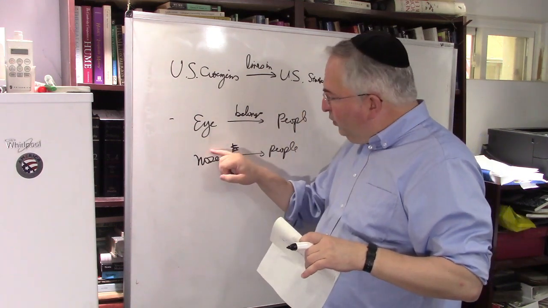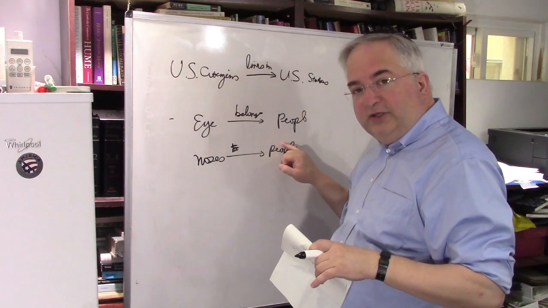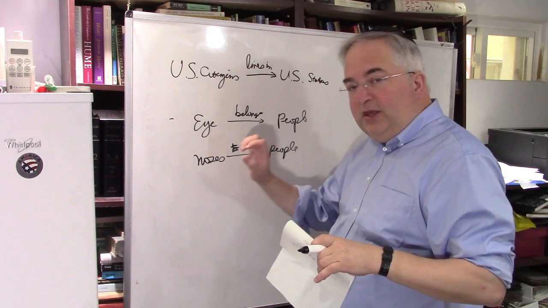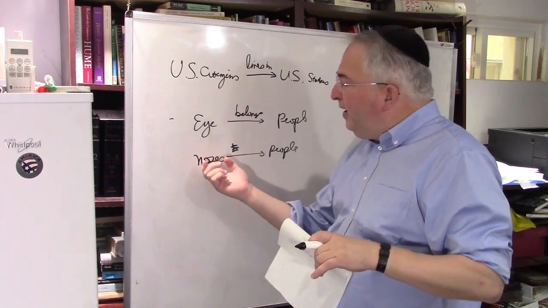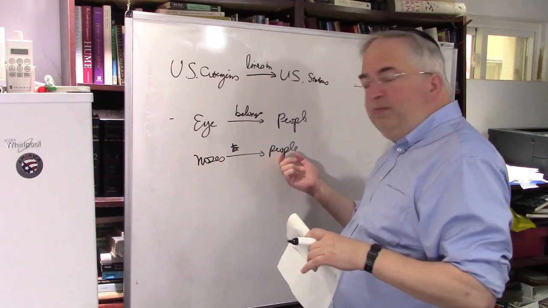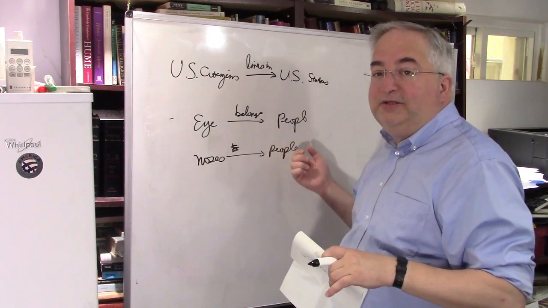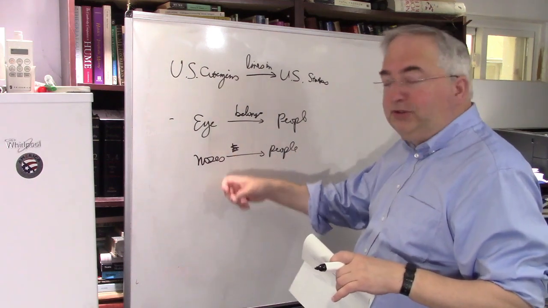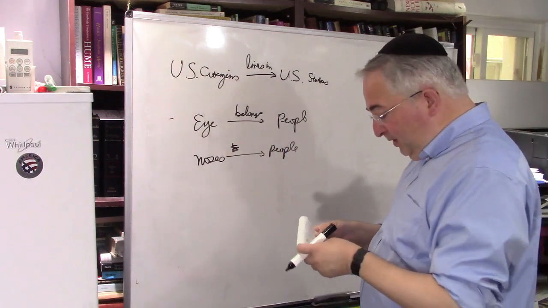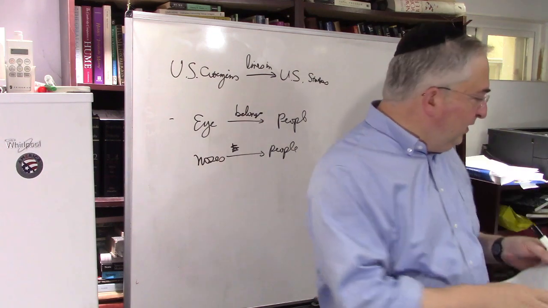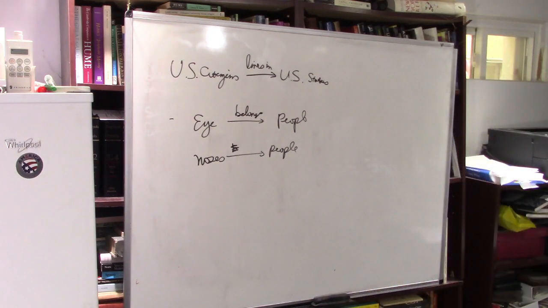But every nose, there's only one person that has that nose. So this is a little bit more unique. To every nose, there's exactly one person that has that nose, and no one else is that person. There's only one nose per person. There are two eyes per person, and we're going to see that later on. We're going to make that distinction. Okay.